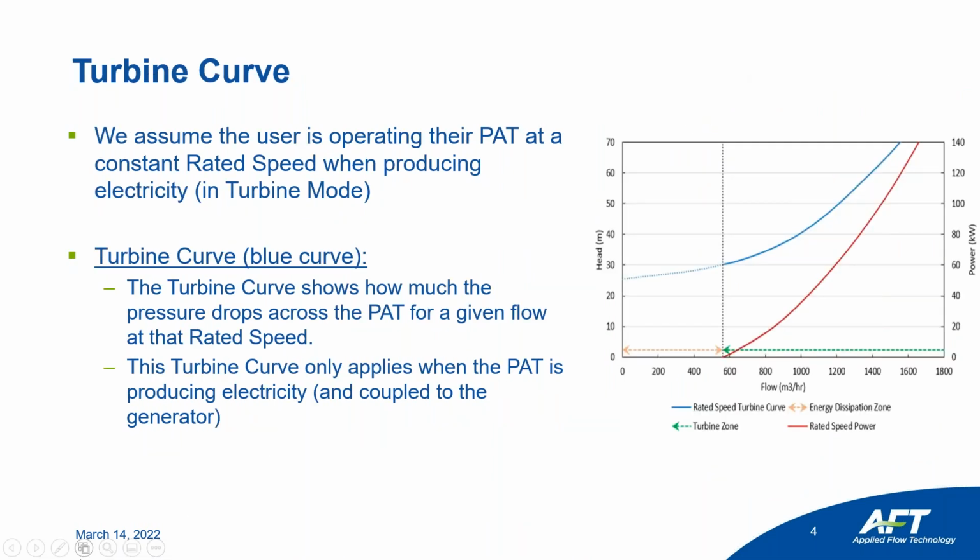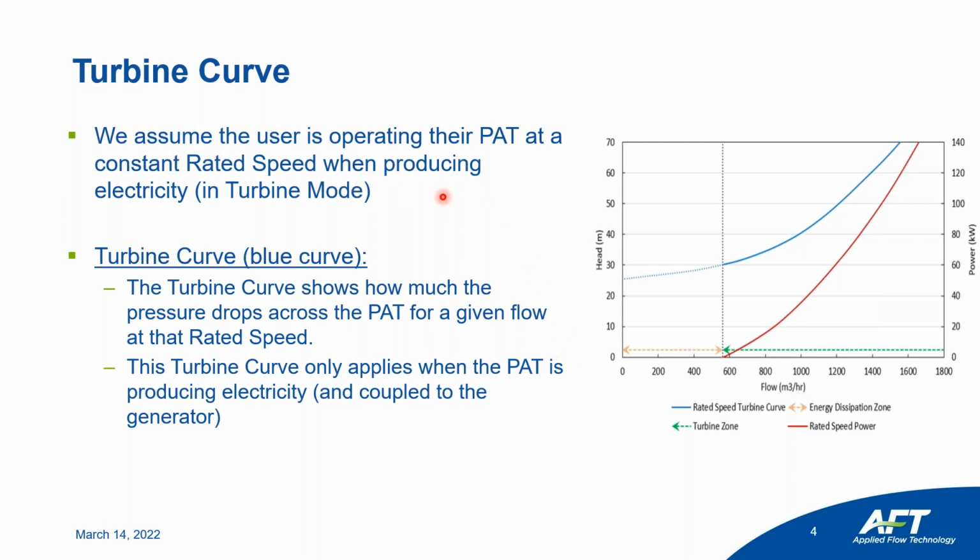When you use a PAT, you will have a turbine curve, which is this blue curve here. This curve can either be gathered from experimental data, or it can potentially come from a supplier who's supplying a PAT.